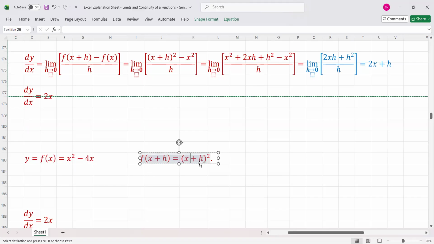That means that this will be x plus h all squared minus 4 into bracket x plus h. So while this is my function of x, f of x, this is my function of x plus h.